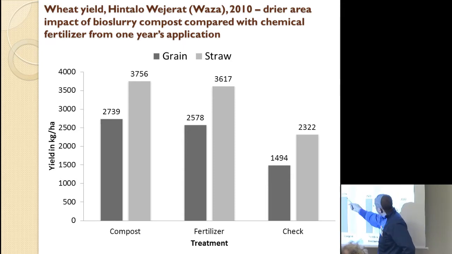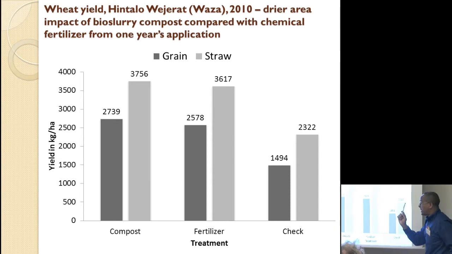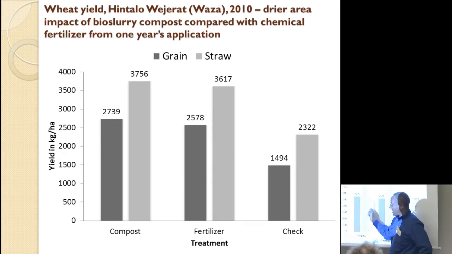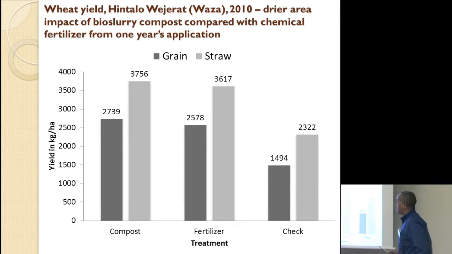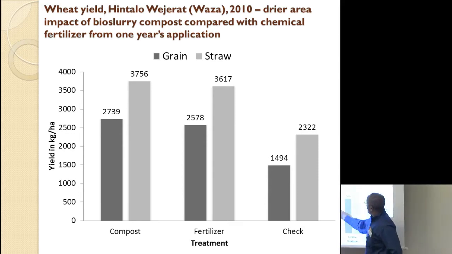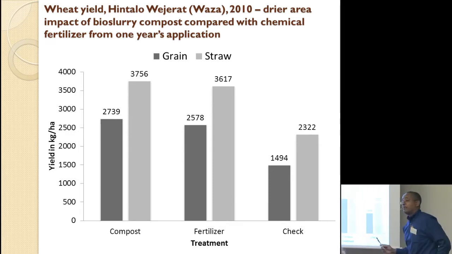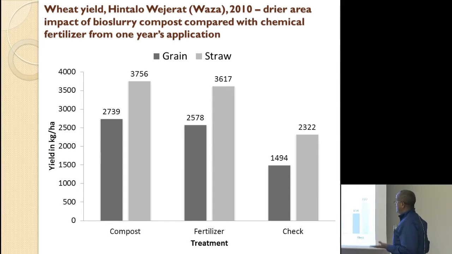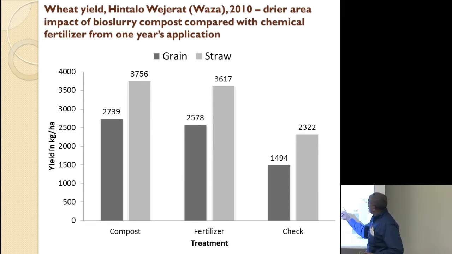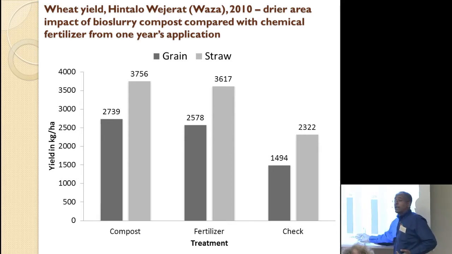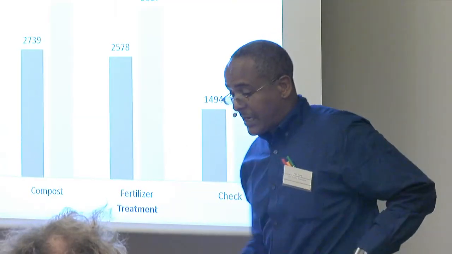I'm telling you mainly about grain because the focus area I want to tell you about is the grain part. Then compost is 27, which is less by 1.5 quintals of grain, because of the moisture stress that compost can tolerate within the climate change.